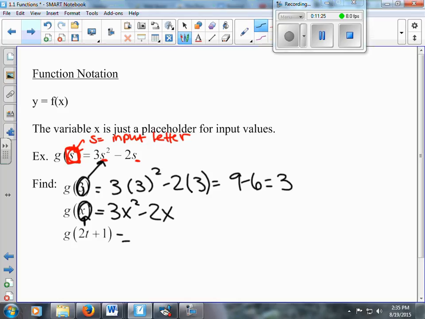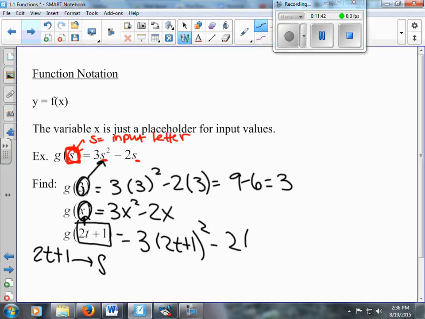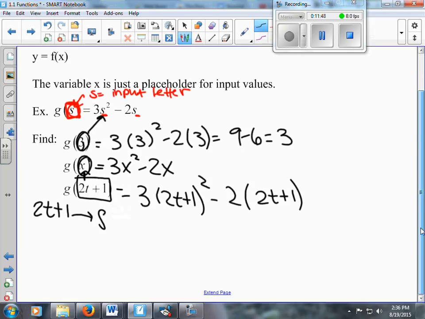And now the next input, it's asking me to input 2t plus 1. 2t plus 1 is going to go into every S I see. So I have 3. Now the next thing is S squared. So instead of S squared, I put 2t plus 1 minus 2 times S. And instead of S, I put 2t plus 1. And then you do need to simplify this.